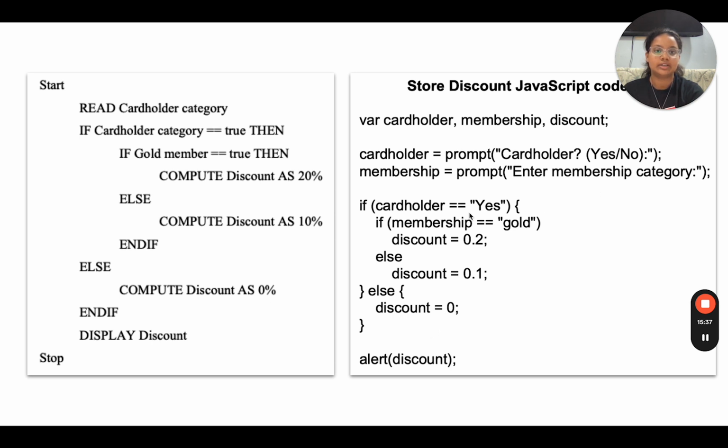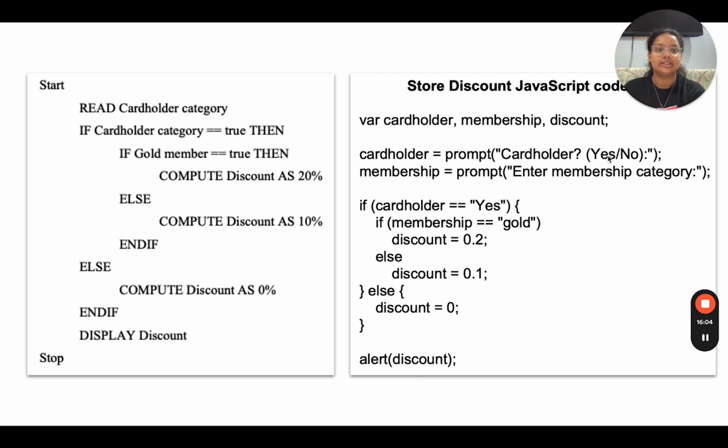So, in an if statement, if it evaluates to false, you can skip whatever is happening inside the if statement and go to an else. Sometimes there isn't an else, and if there's no else statement, then you just skip the whole thing and go to whatever is next. If there's nothing next, then nothing happens. So here, if they are not a card holder, they get no discount, and you just alert discount, which would just alert the number 0.